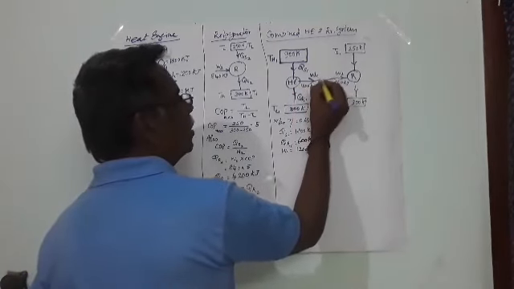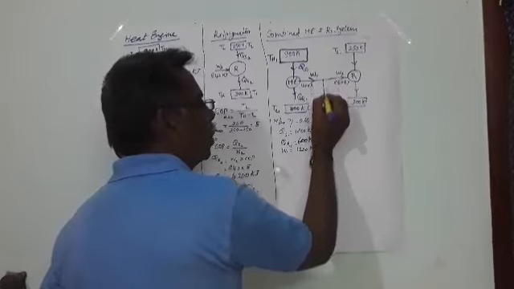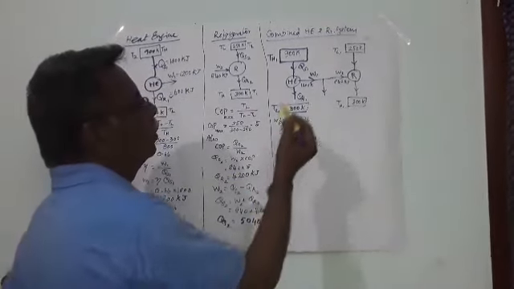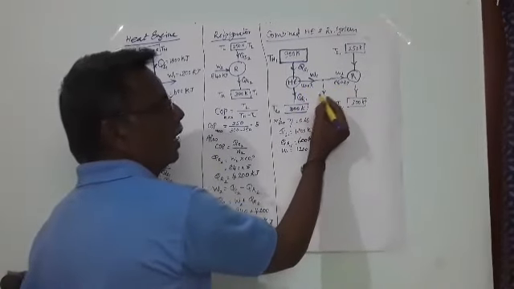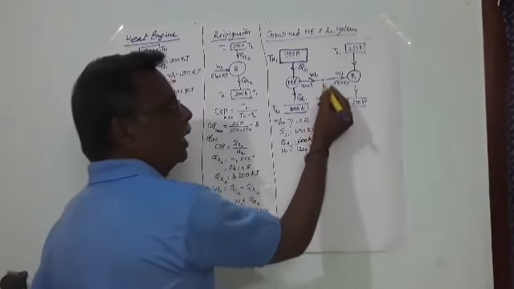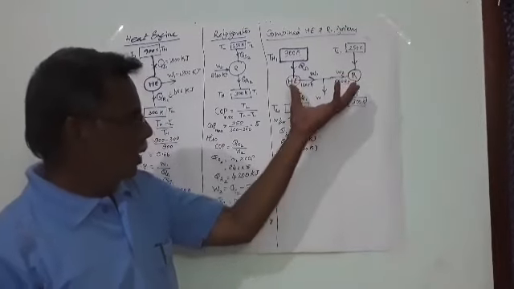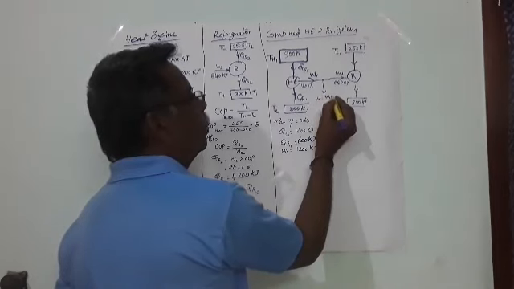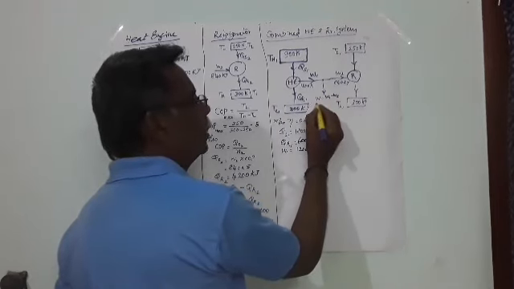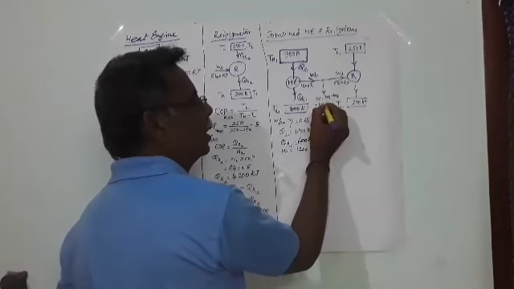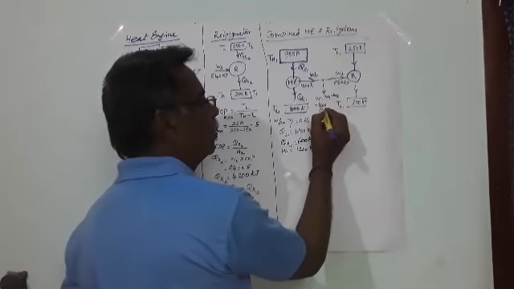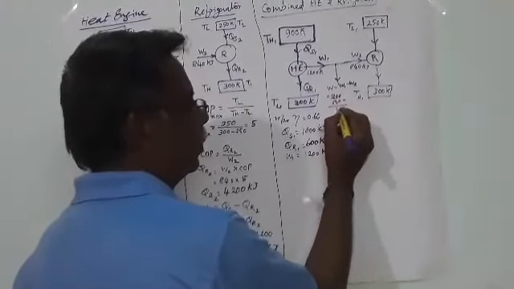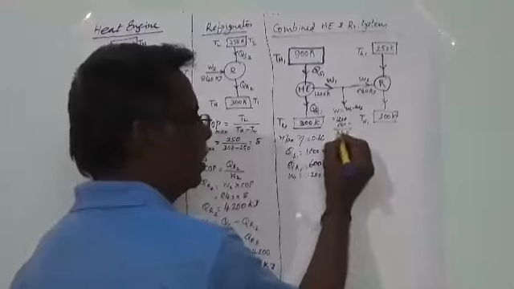So there must be some net work output from the system. So net output from the combined system is W equal to W1 minus W2, which is equal to 1200 minus 840, which is equal to 360 kilojoules.